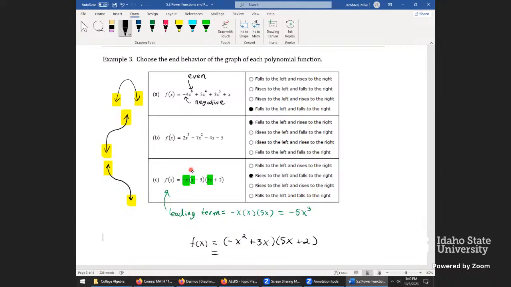Then when you FOIL this out, you get negative 5x cubed minus 2x squared plus 15x squared plus 6x. But still, it boils down to just that right there, the negative 5x cubed. So there's two ways to do it: fully expand, or just imagine what would be your multiplications by x that comes up with your leading term there.